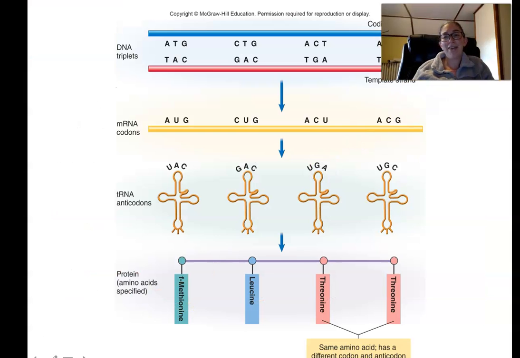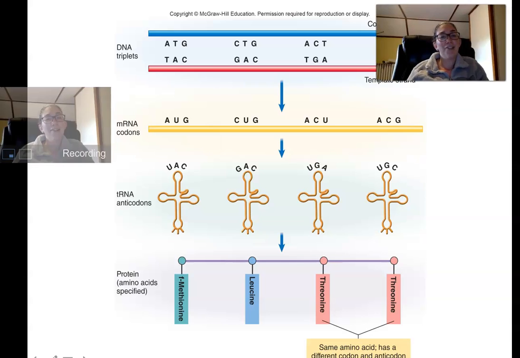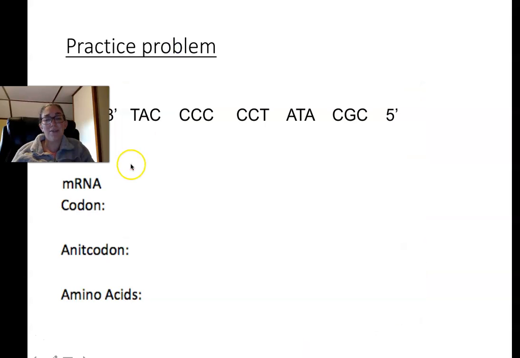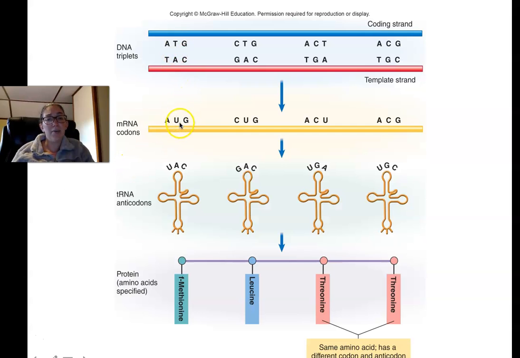I just like having lots of diagrams showing this process of the central dogma. And I really liked this image as well, so I have a couple of them in the lecture notes for you. This one's showing both of the strands of the DNA, the coding strand and the template strand, so that you can see that the mRNA is complementary to the template strand, but it's identical to the coding strand, with the exception of replacing T's with U's.